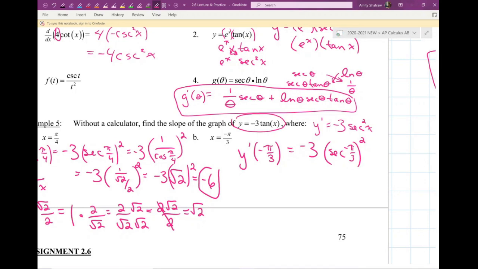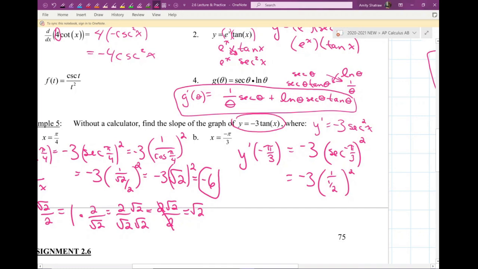What do you know about cosine of pi over 3? I'm hoping that you can remember that that guy's going to be a half, and that you remember, because of the nature of that cosine function, that the negative version, right, negative pi over 3, will still be a positive 1/2. Then, as long as you have those things memorized, we can work it out that this will be -3, and this is going to be what? 1 over 1/2, and square that.